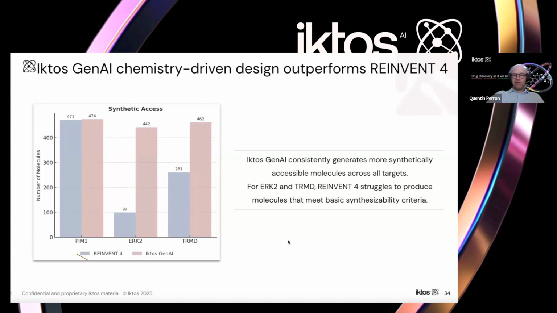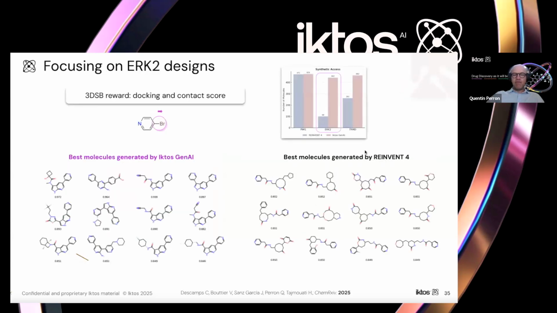If we focus on ORC2, it's interesting that we started obviously from this pyridine. So we have the pyridine everywhere, and we have different scaffolds, sometimes also different branches. We have a very good score of 0.9, almost 1.